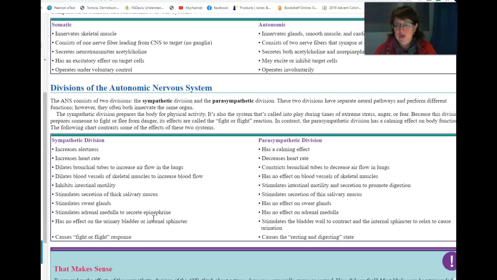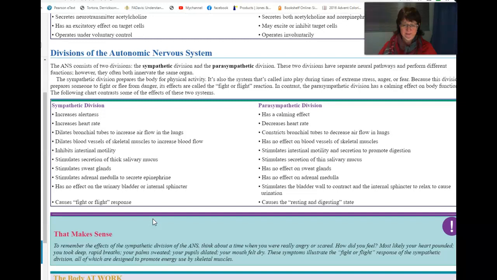You're going to increase your intestinal mobility and increase secretions for digestion. You're going to stimulate thin saliva. You're not going to have anything on your sweat glands or medulla. And you're going to stimulate the bladder wall to contract and the external sphincter to relax, so this way you urinate. Rest and digest. Okay?